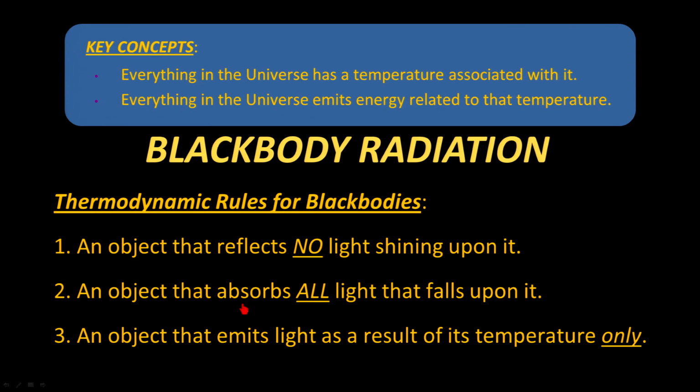As we saw in that previous video, objects are sometimes good at reflecting things, and sometimes good at absorbing things. For black body behavior, it must be both. An object reflects nothing and therefore must absorb everything. The third part is that if the object is going to have light come from it, that object is emitting light only as a function of its temperature.